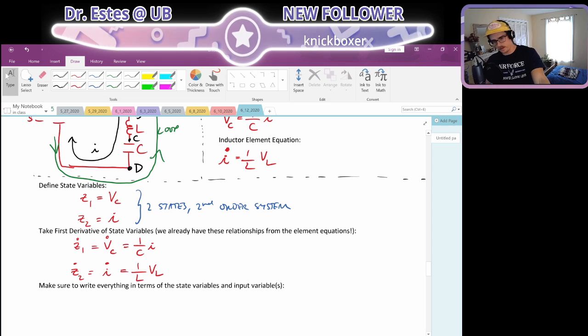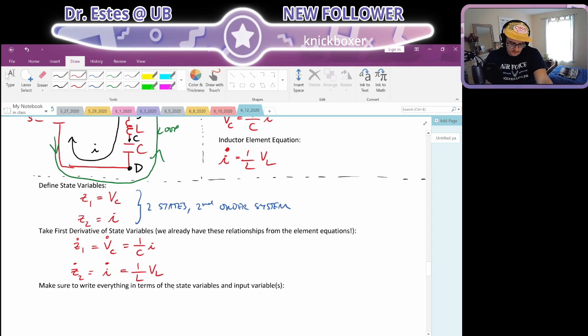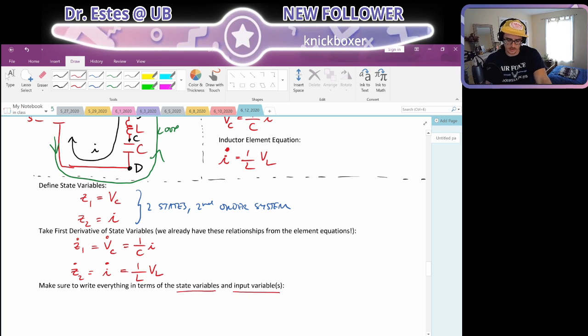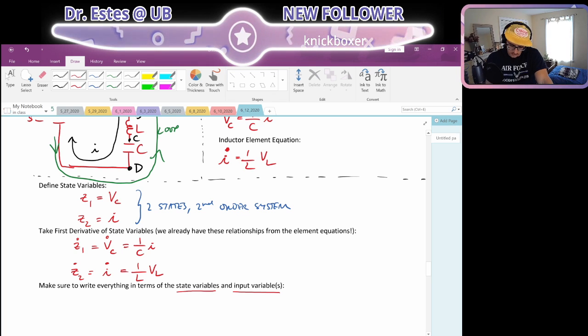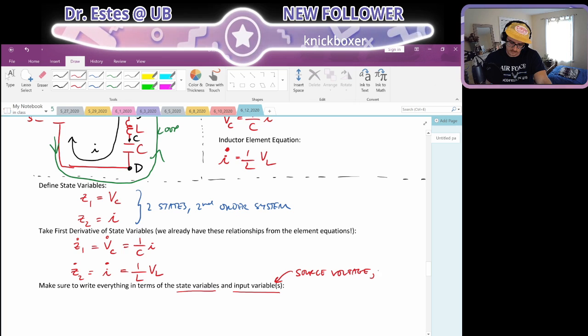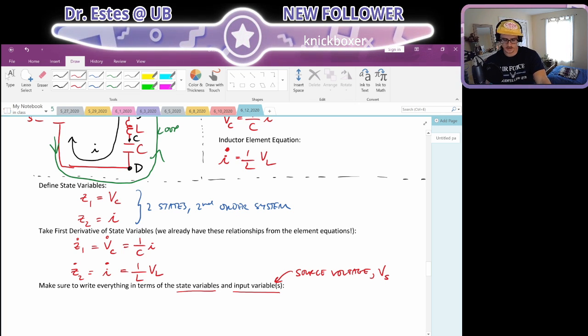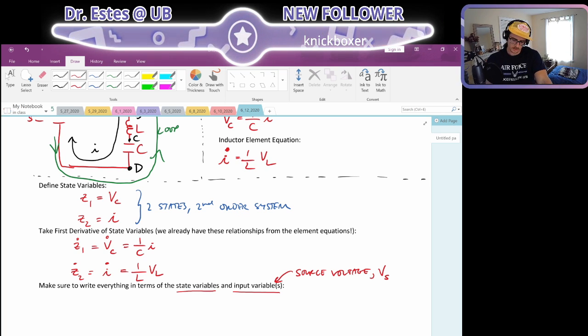Next, to get our standard matrix form, all of these variables have to be in terms of state variables or input variables. So if it's not clear, the input variable for this problem is the source voltage, Vs. So that'll be defined in advance for you. And then our state variables, well, we just did those up above.